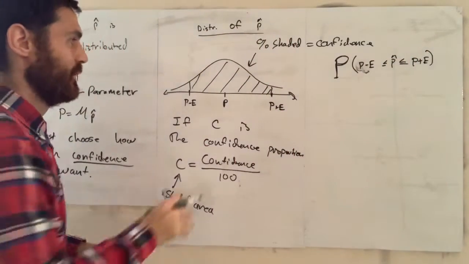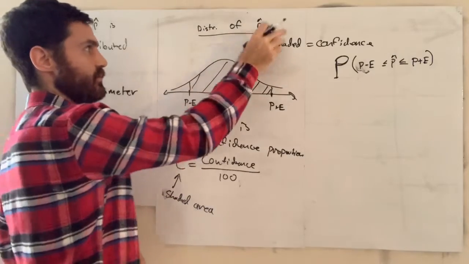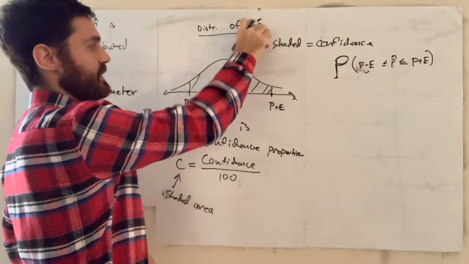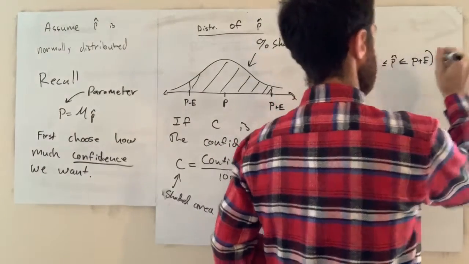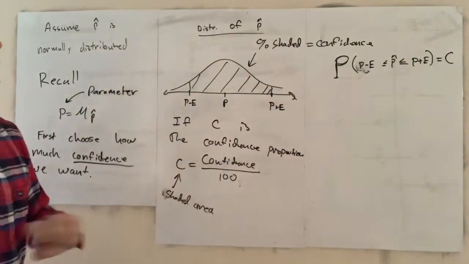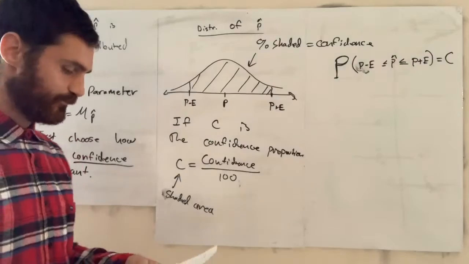Well, the probability that given a specific sample size, I land there, that's going to be C. Because remember, C is going to be that shaded area.